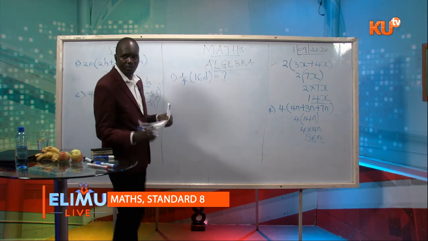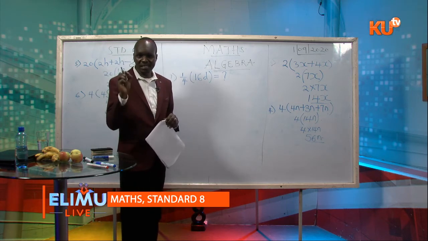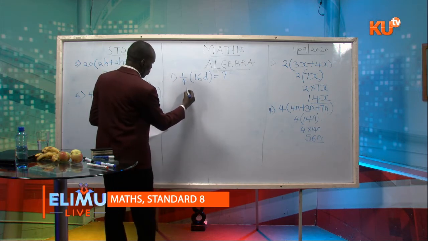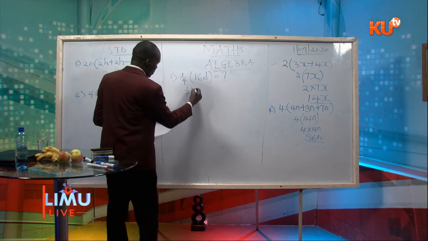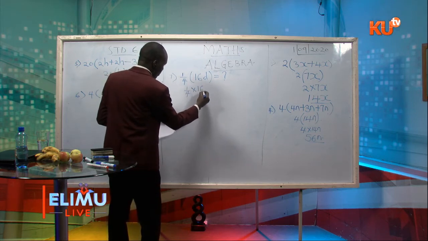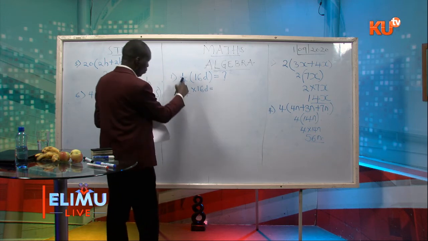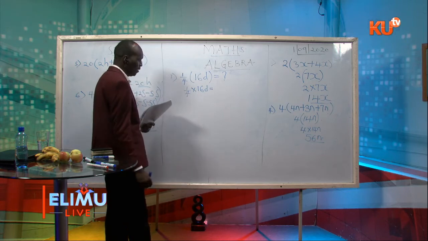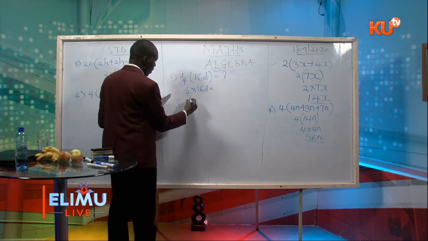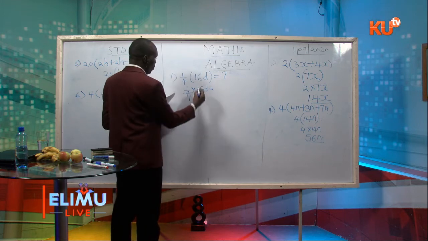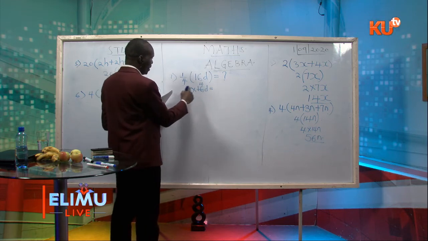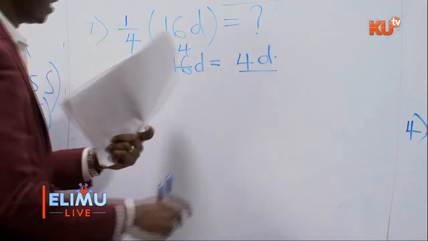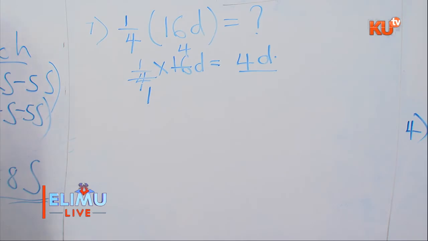The first step, we multiply what is inside the brackets with what is outside the brackets. So we shall have 1/4 multiplied by 16d. Here we can simplify. 4 divided by 4, we get 1. 16 divided by 4, we get 4. 1 multiplied by 4, we get 4d. Our answer here becomes 4d.